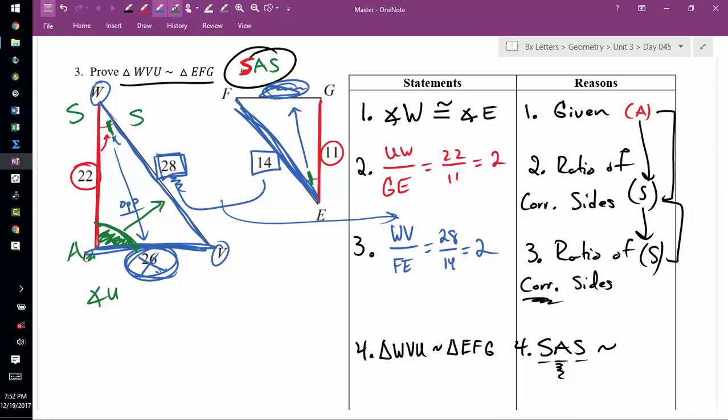So that's why it's very important that the angle is in between the two sides we can create ratios for. Because when that angle is in between the two sides we know something about, it then forces us to give us information about the side we don't necessarily know about. I'll see you in the next one.